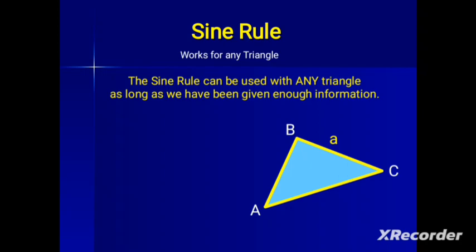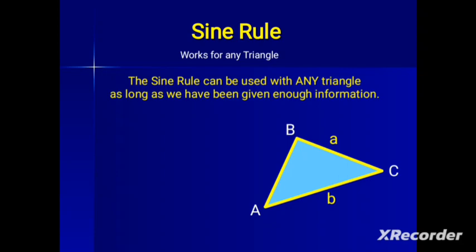So, the sine rule can be used with any triangle as long as we have been given enough information about the particular triangle. Consider triangle ABC. The angle at point A corresponds to the side BC, labeled a.